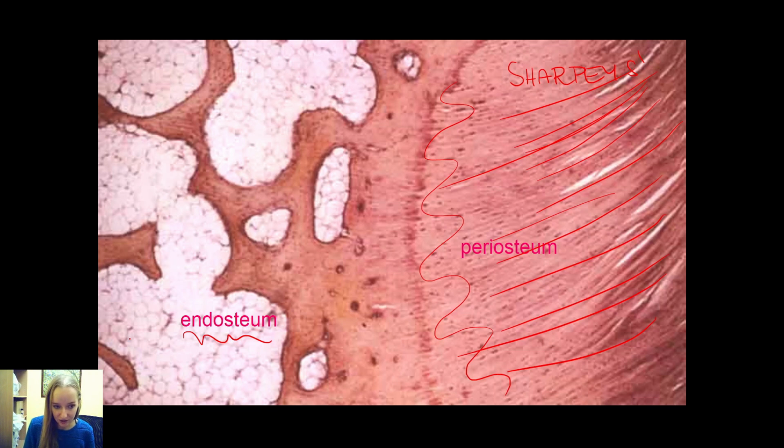As you can see, bone is very hollow, and endosteum is covering it on the inside. So we have periosteum made of dense irregular connective tissue, and endosteum made of loose connective tissue.